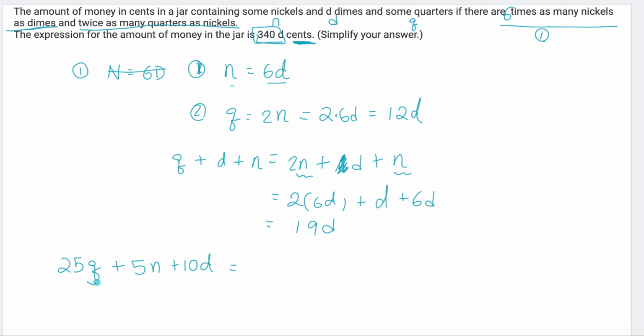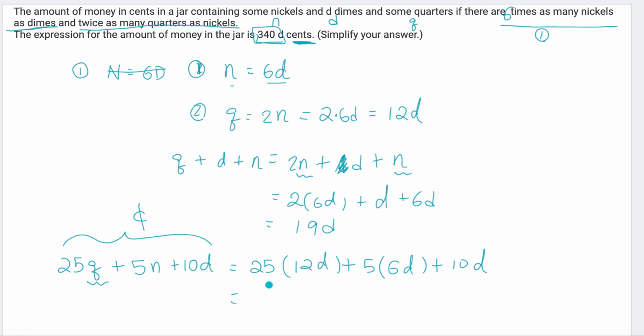So instead of q, that's 25 cents times 12d, and 5n, 5 times 6d, and you have 10d. Now we have everything in the value of cents, because this one is in cents, right?